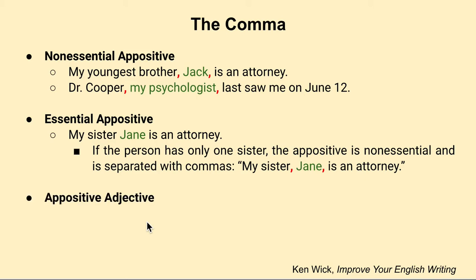Then an example of an appositive adjective. Jim was a big boy, tall and strong. These are adjectives describing Jim, but usually these would go before Jim, but they don't. Since they come after, we put a comma there for the appositive adjective.